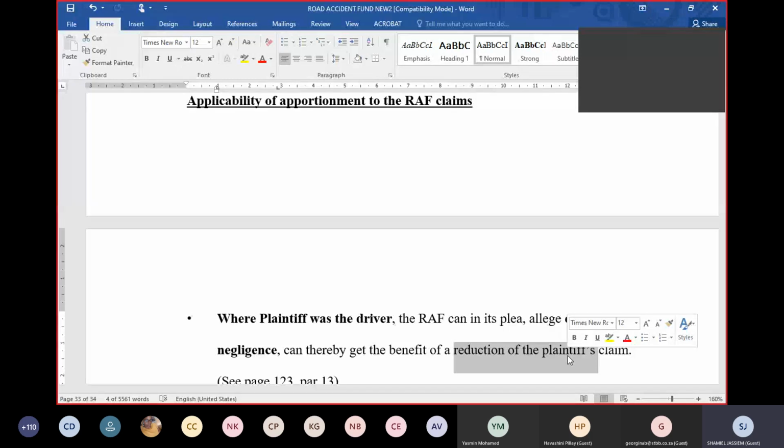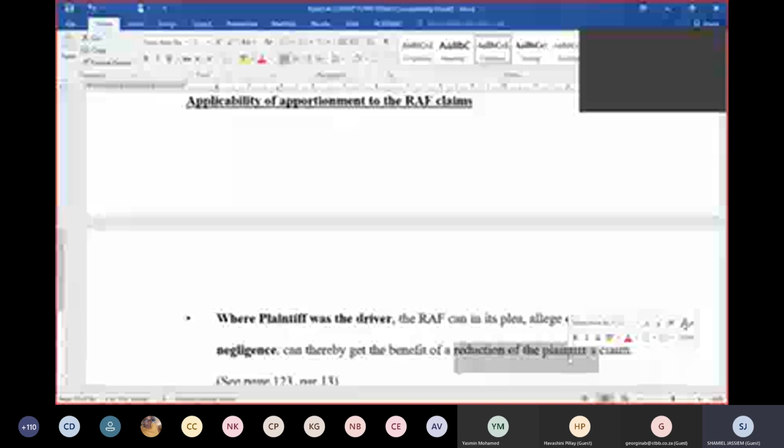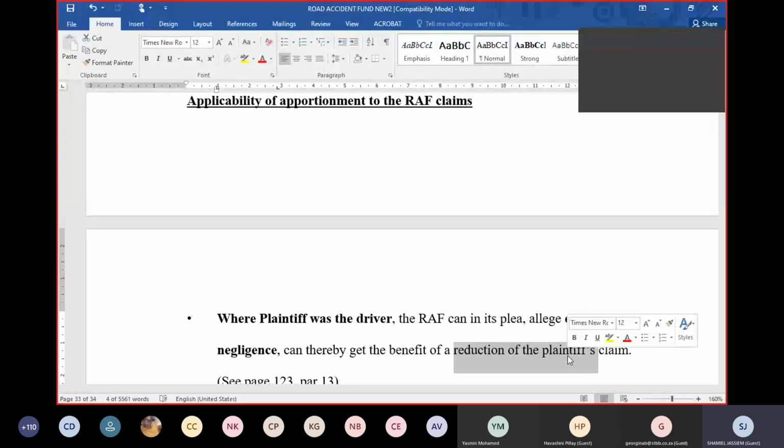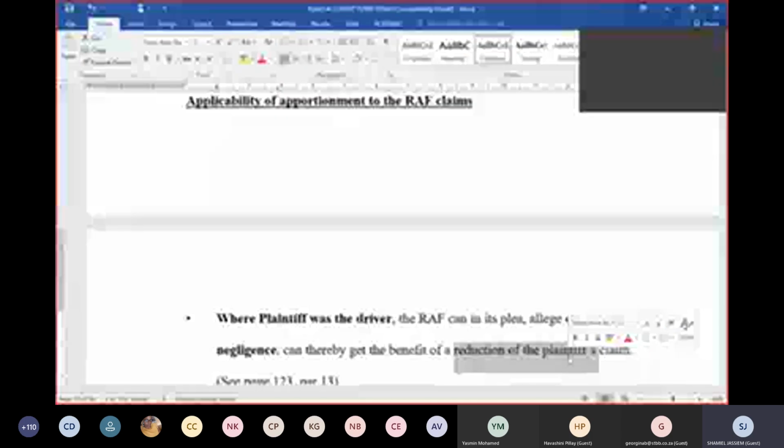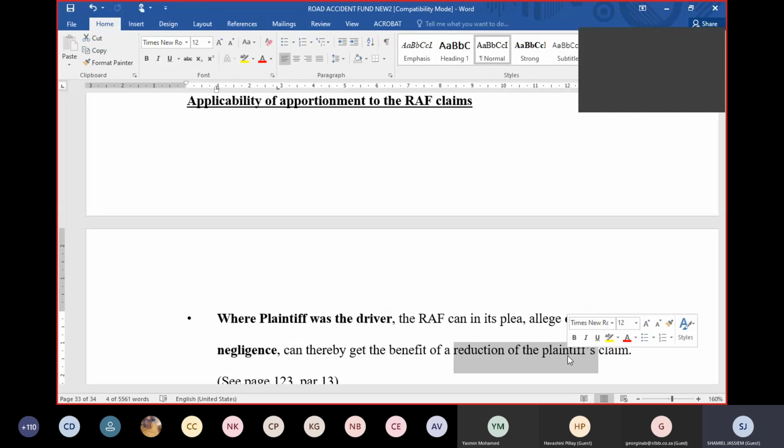Let's say my wife is the innocent passenger. So if her claim is reduced, it won't be correct because I was the one that failed to stop as well and she was innocent. Hence the RAF cannot plead contributory negligence. What other option would be available for the RAF to get some benefit from my side?